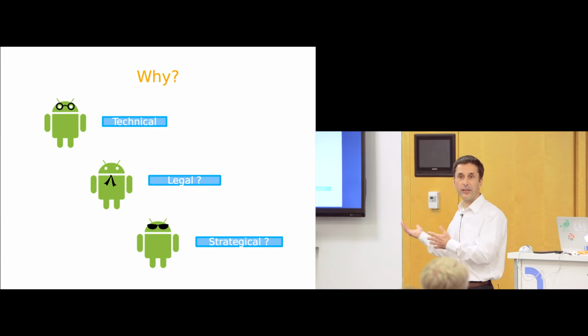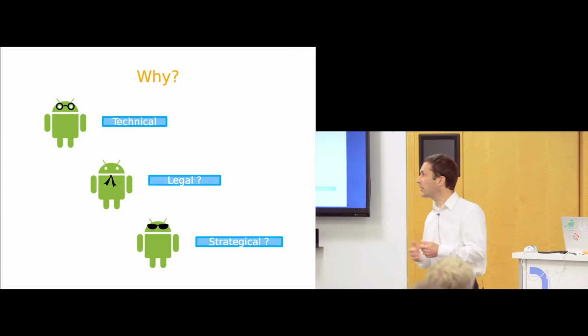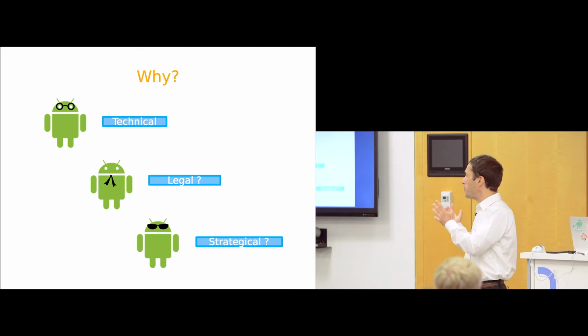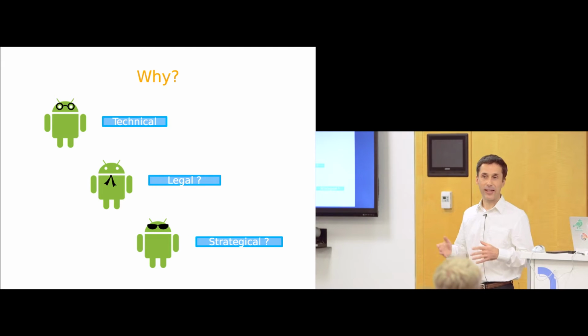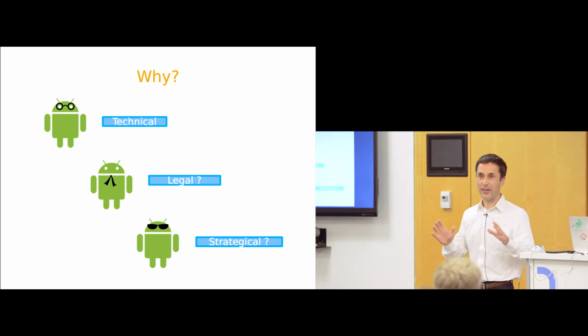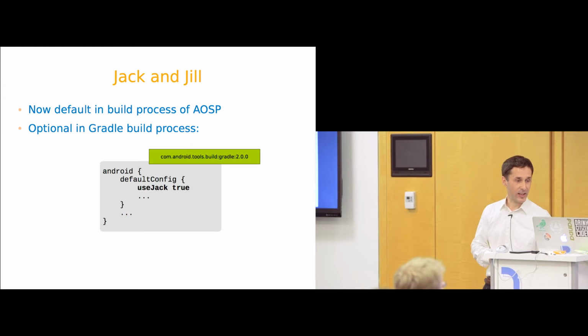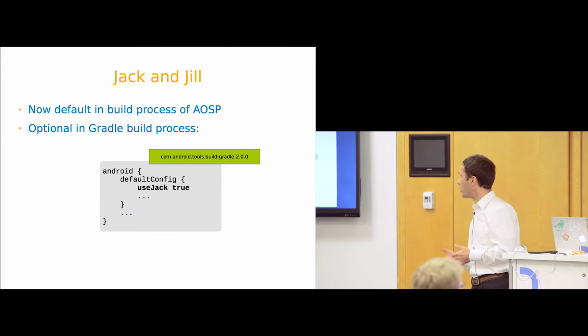And there may be strategical reasons also. So there's this tug of war between Google and Oracle, and maybe part of that as well, but that's in the realm of conspiracy theories, and I'll leave that to your imagination. So I'll mostly focus on the technical part.